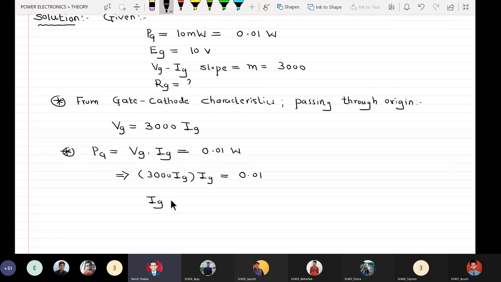So Ig is equal to under root of 0.01 upon 3000, which is equal to 1.826 milliamperes.